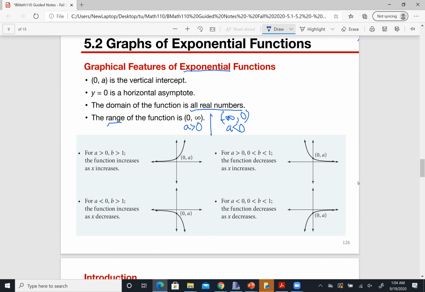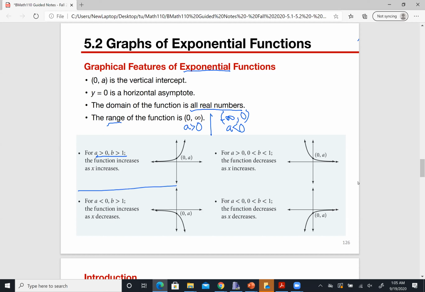Now, for the case that a is greater than 0 and b is greater than 1, this is a growing exponential function. The function is increasing as x increases, so you can see the graph is going up.